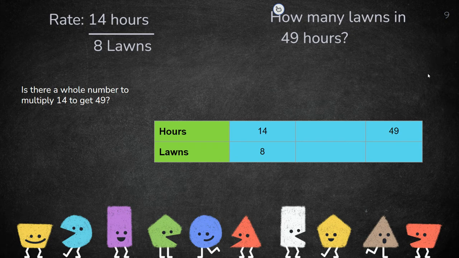Exactly. Okay, if you doubled it, it'd be 28. And then if you did 28 plus 28 or 28 times 2, it's going to be 56. Too much, right? So we can't go from 14 to 49. There's no number to multiply 14 by to get to 49, which means we're going to have to scale back and then scale forward.